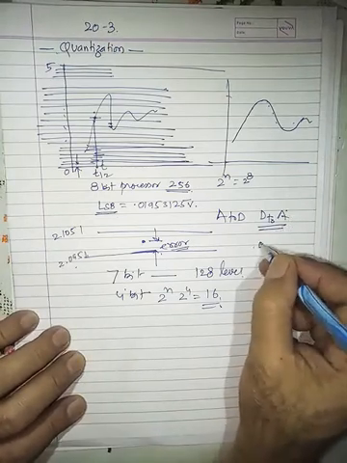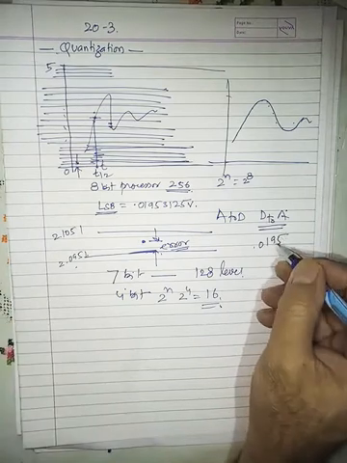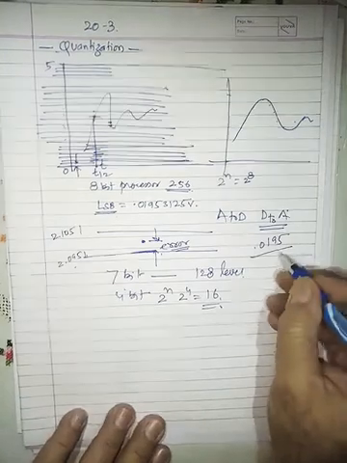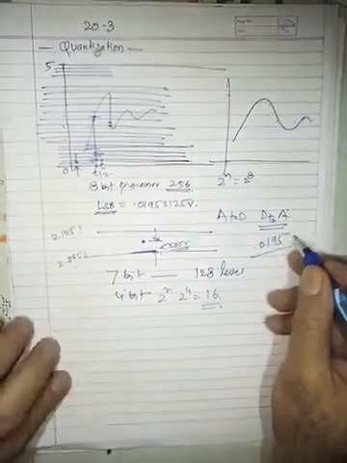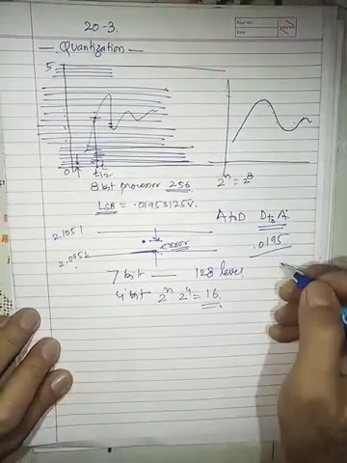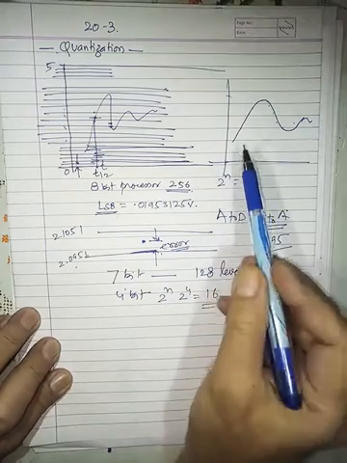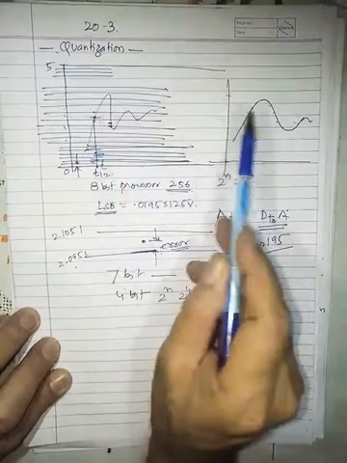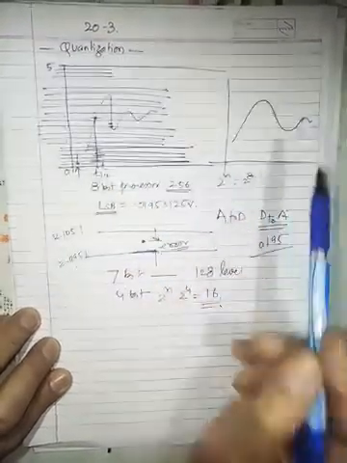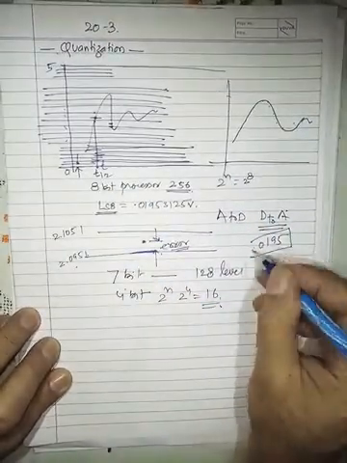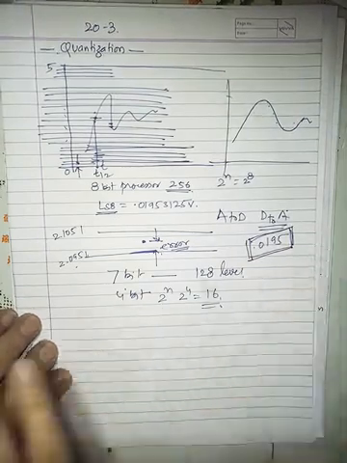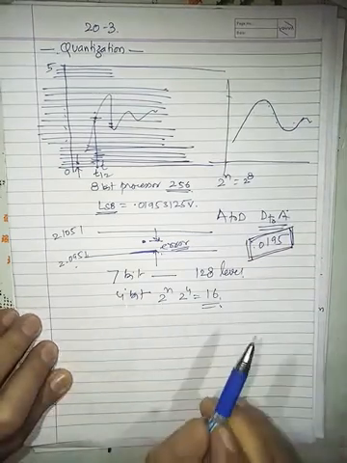Here the error will be something like this. This error is almost 0.01 volt. So physically it is very difficult to differentiate between this signal and this, but technically this is a little different from this. And this level of error is tolerable in our day-to-day course.